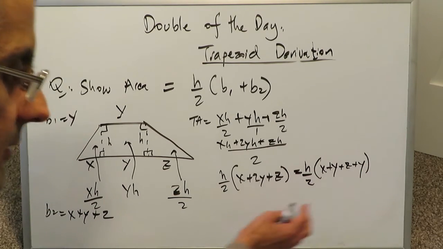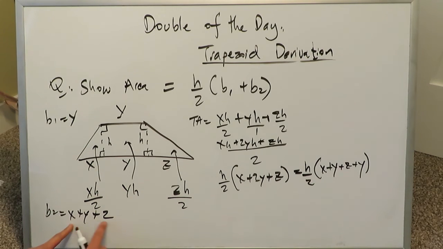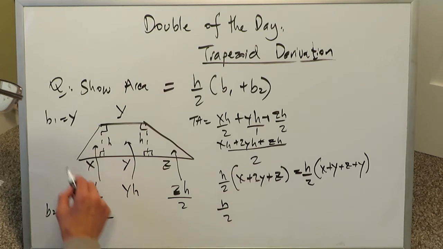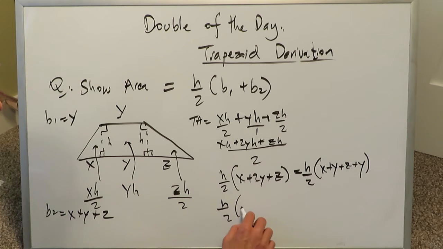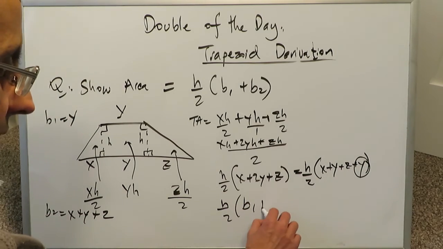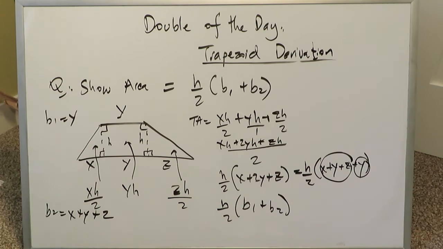One of those y's is consumed by B1, the other X, Y, Z is consumed by B2. So with this substitution you get H over 2 times B1 plus B2, and there it is. The formula has been derived, and it wasn't too hard.